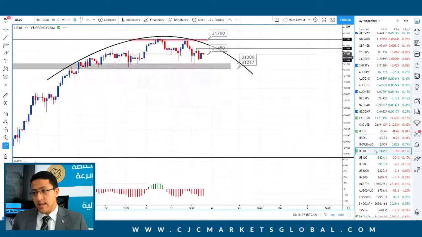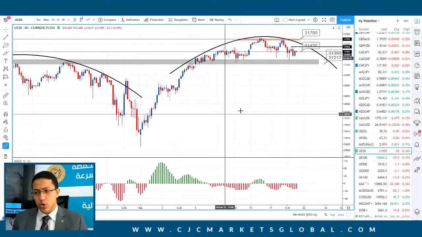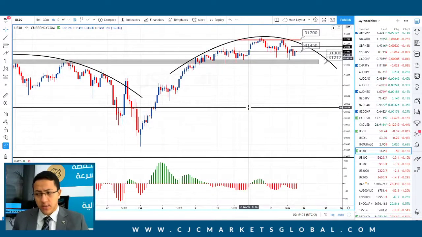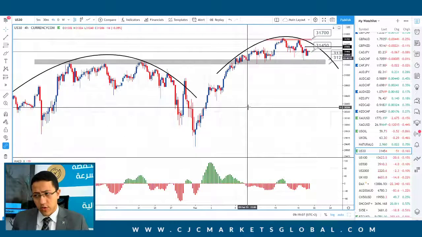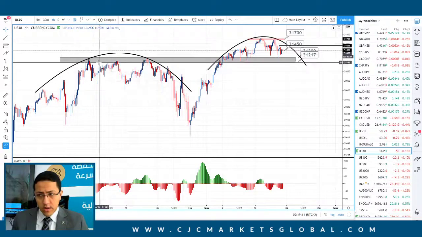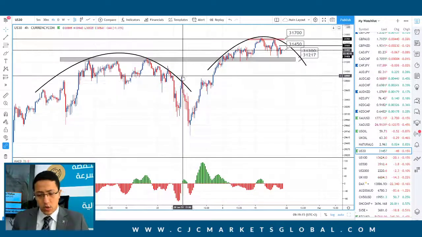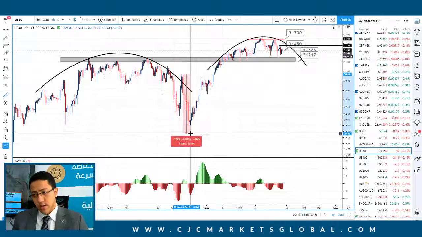57.25. Let's have another last look at the Dow Jones, which is trying to create some sort of a top formation on the 4-hour time frame, which happened before. We did have higher highs and then two highs at the same level and then lower highs with a major correction here. We did correct 4% on the Dow Jones.